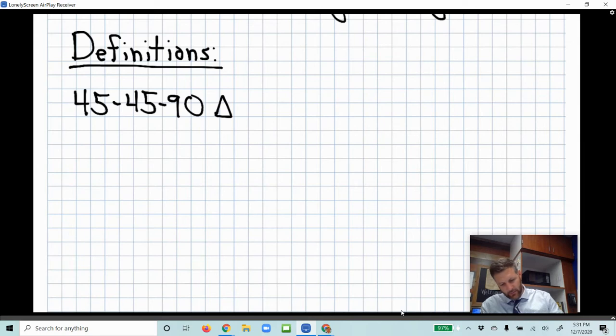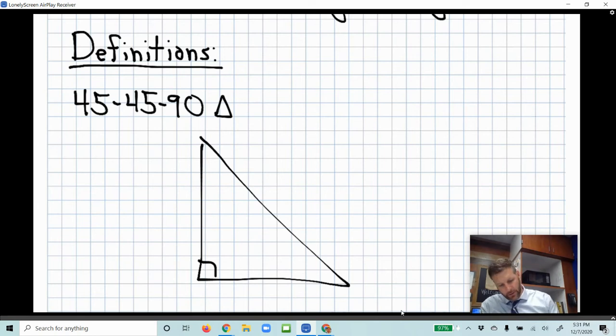Actually, I'm going to draw that more over here, where again, it's a right triangle, so you have the 90, and then the other two angles are 45 and 45, okay? And what we mean by a special triangle is that the sides of a special triangle have a specific ratio, to the point that if you know one side length, and you know that you have a 45, 45, 90 triangle, then you can know the other two sides of the triangle.